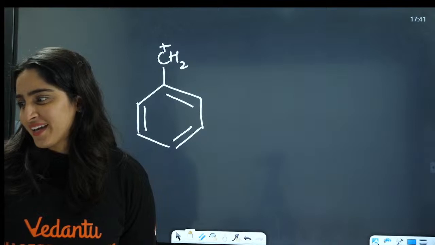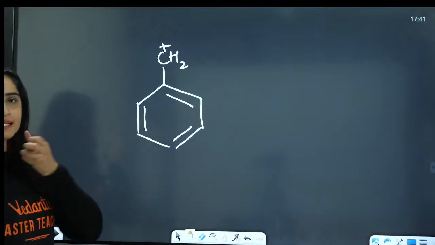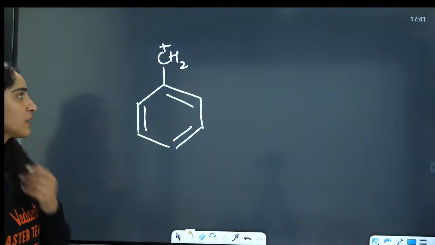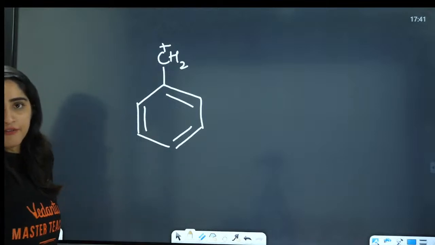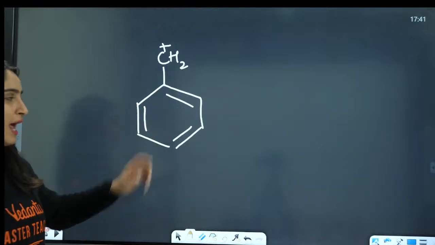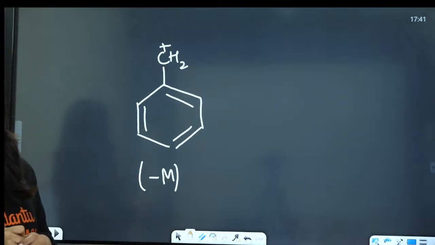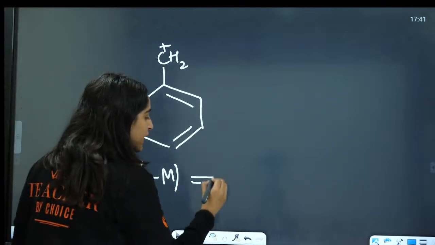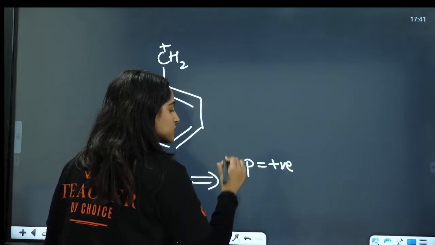Yes. Okay, perfect. So now this is the structure that you have. As you know, this CH2 positive takes away the electron according to the minus M effect. Through the minus M effect, it gives ortho and para positive charge.